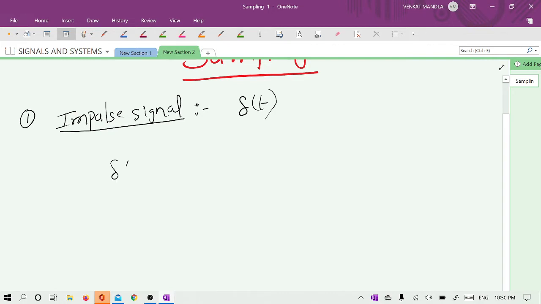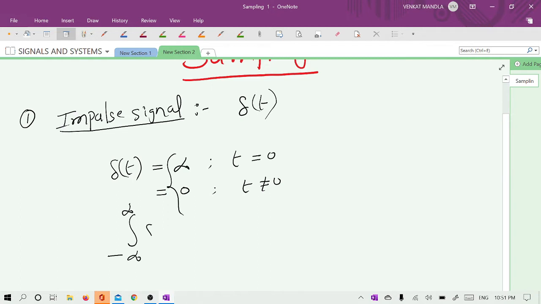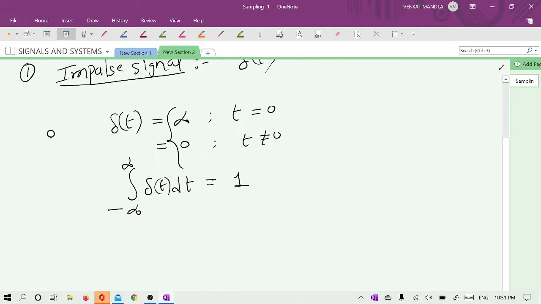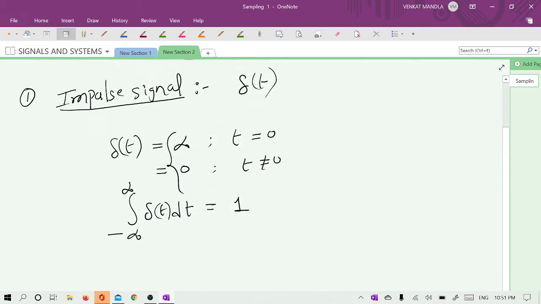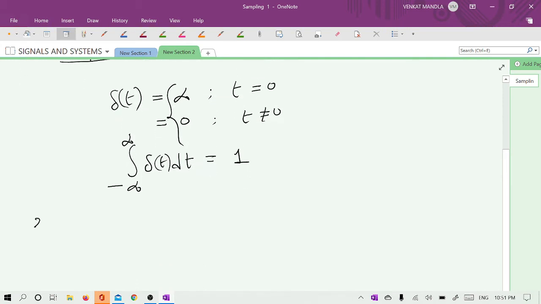So del of t equal to infinity at t equal to 0 and 0 for t not equal to 0, and integral minus infinity to plus infinity del of t dt equal to 1. So this is the definition of impulse signal. Okay, and the properties of del of t.